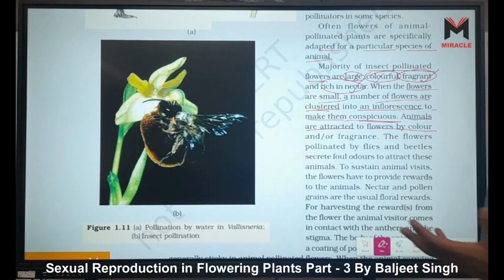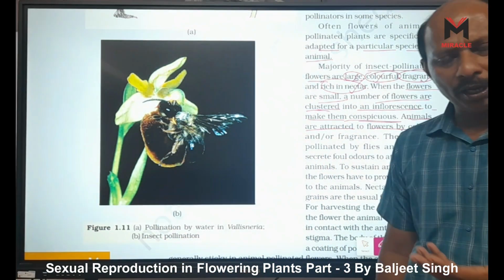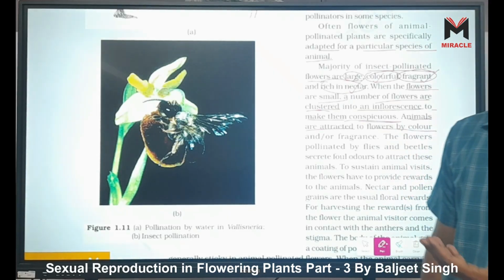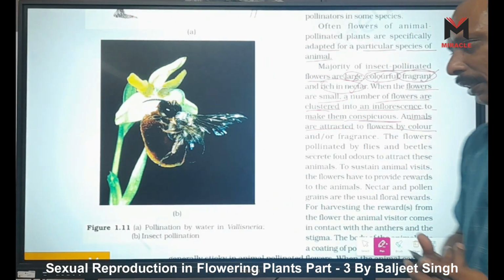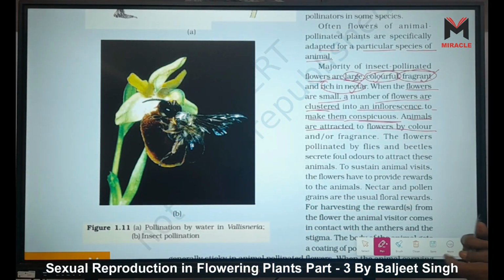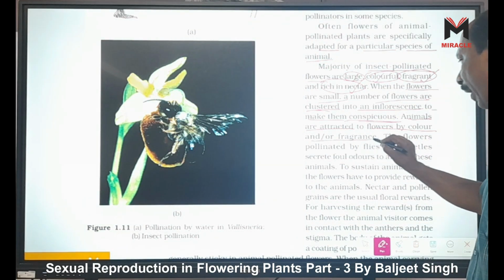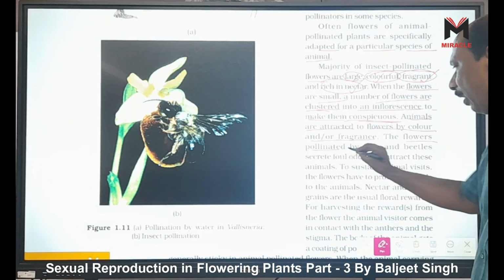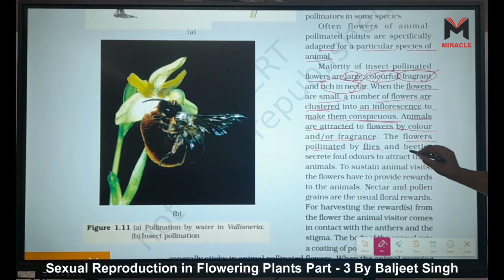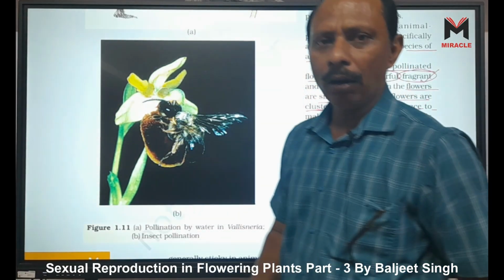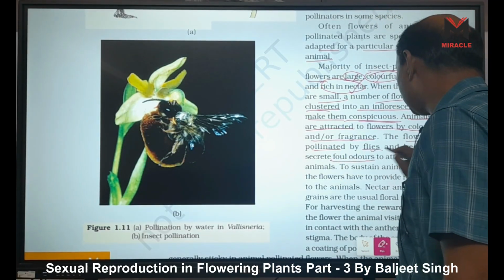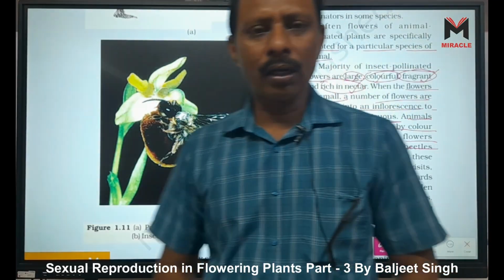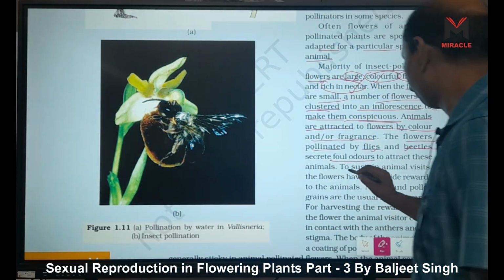If biotic pollinating agents are there, or zoophily is there, all the flowers which have zoophily are colorful, right? They also have fragrance, they also have nectar. The flowers pollinated by flies and beetles secrete foul odors, right? Foul odor, because these flies and beetles are attracted toward foul odors, right?